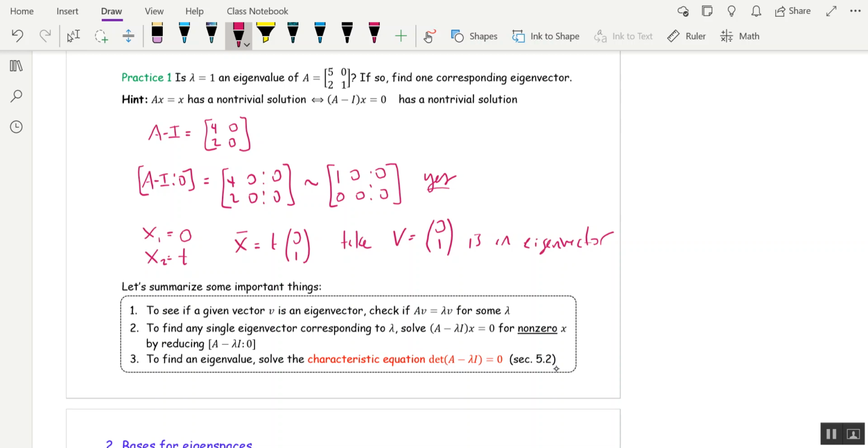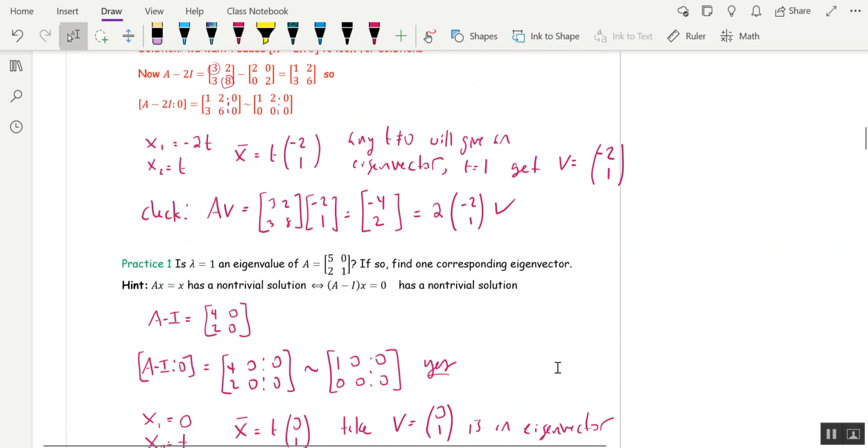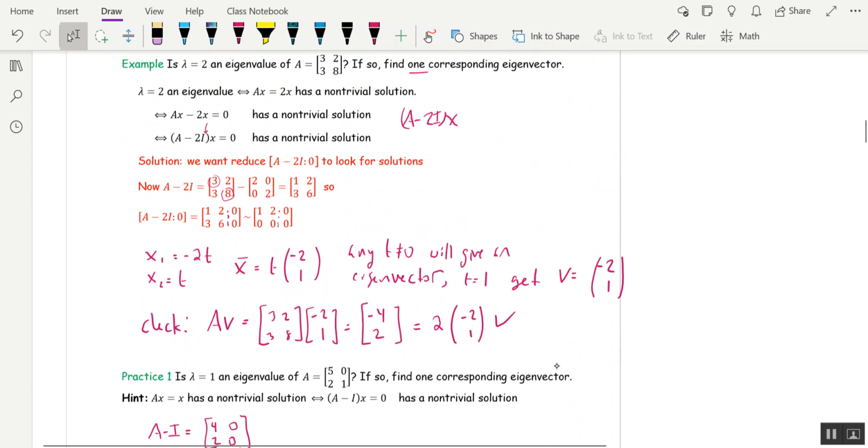To find any single eigenvector corresponding to a lambda that's given to you, like the example above where I say lambda equals 2, is that an eigenvalue? Oh, I guess I was asking a question up here. Is lambda an eigenvalue? If so, I would want to answer this question.